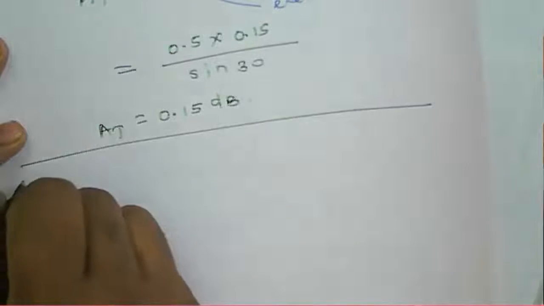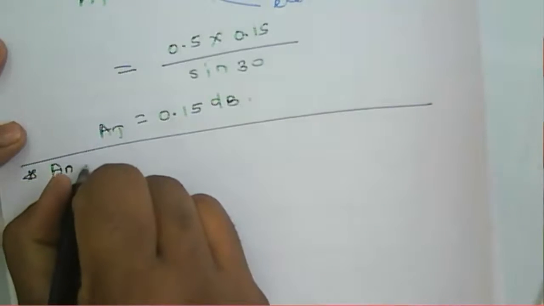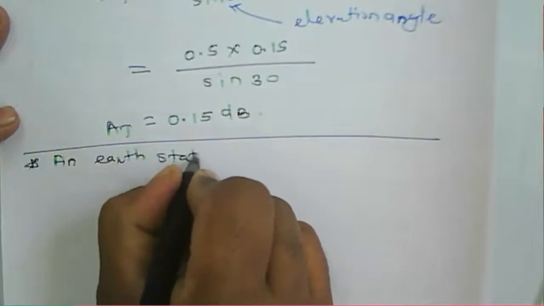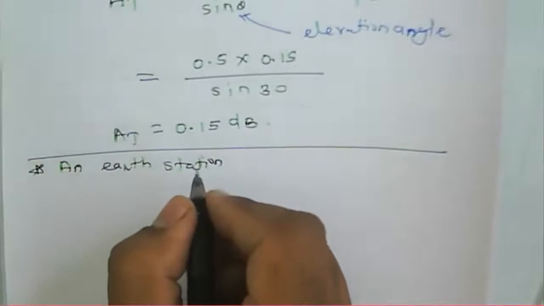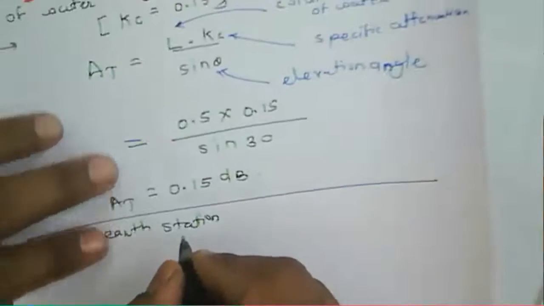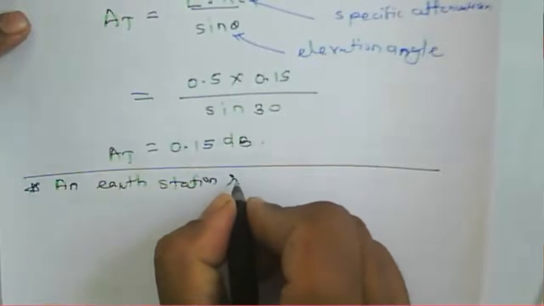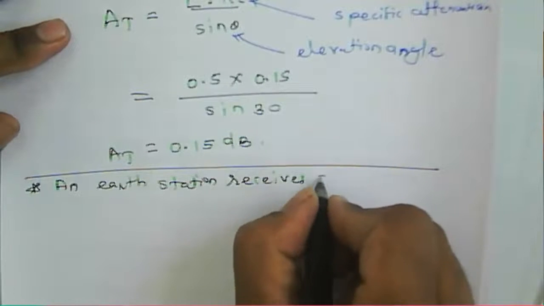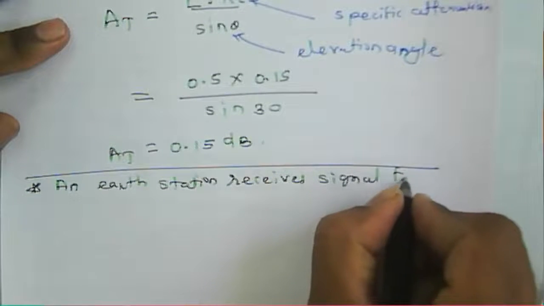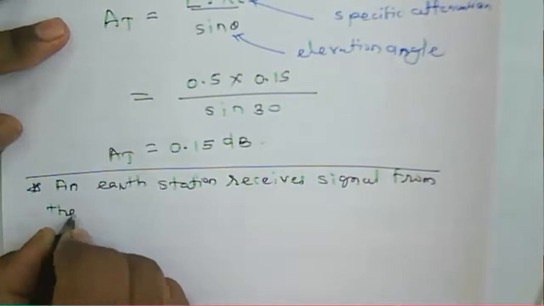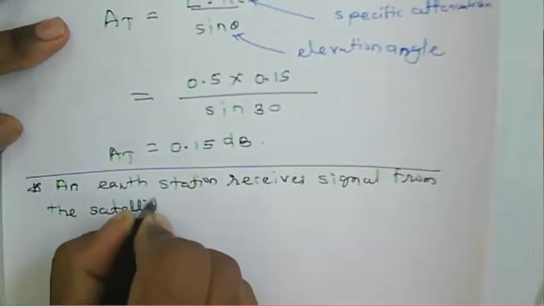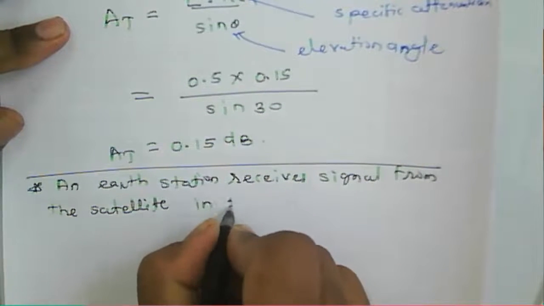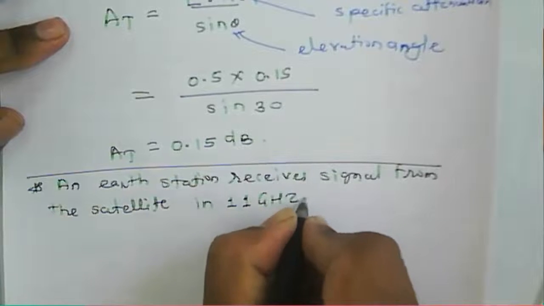Then next: an earth station receives a signal from the satellite at 11 gigahertz.